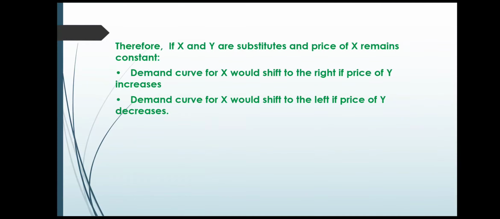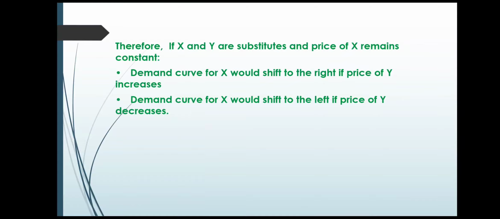Therefore, if X and Y are substitutes and price of X remains constant, demand curve for X would shift to the right if price of Y increases. Over here, the price of X is not changing, it is constant.